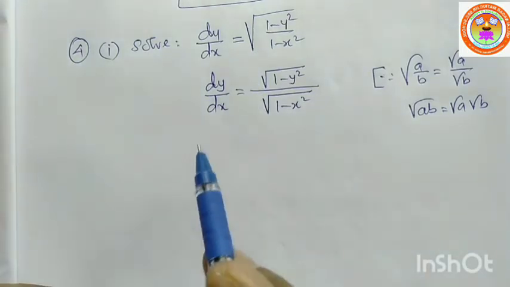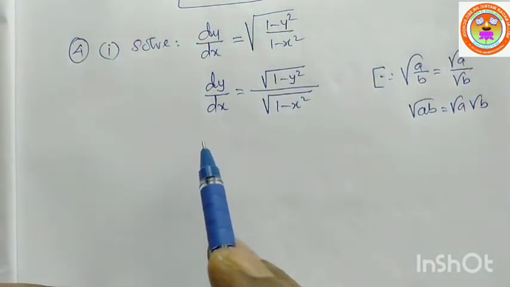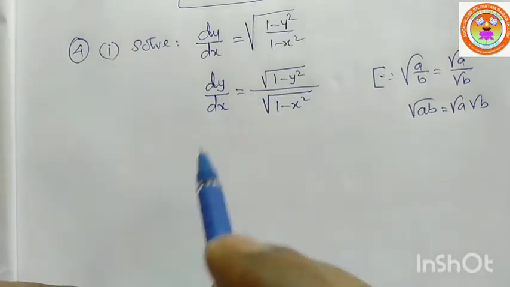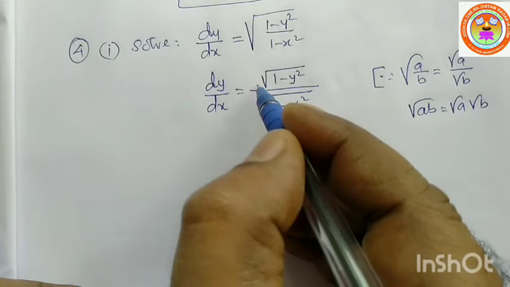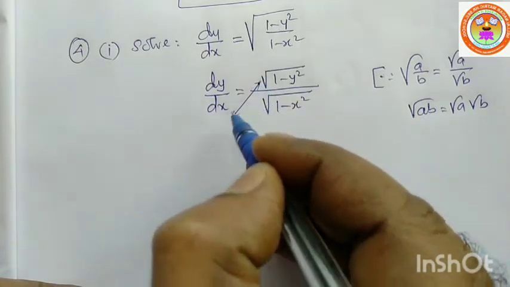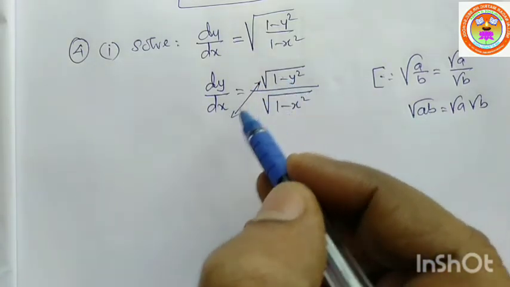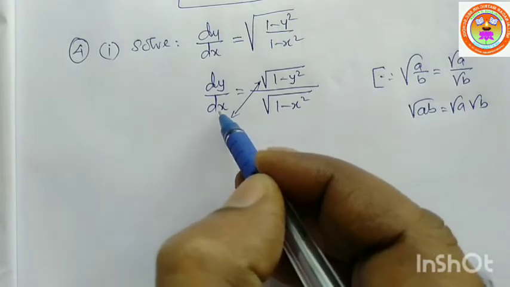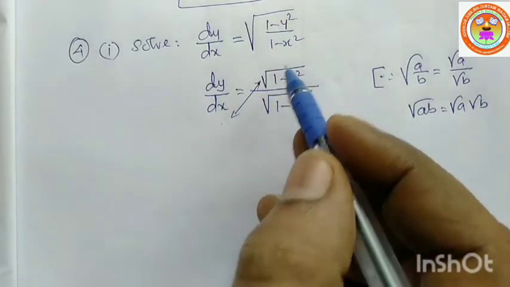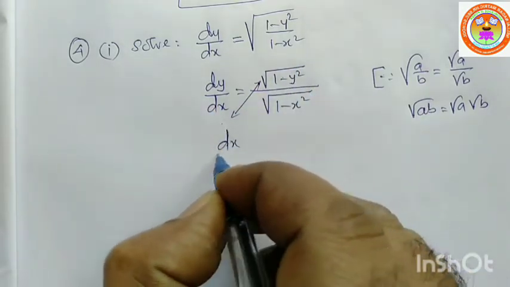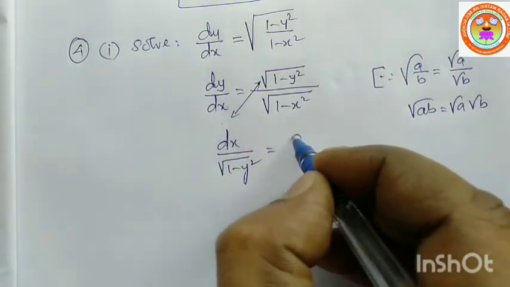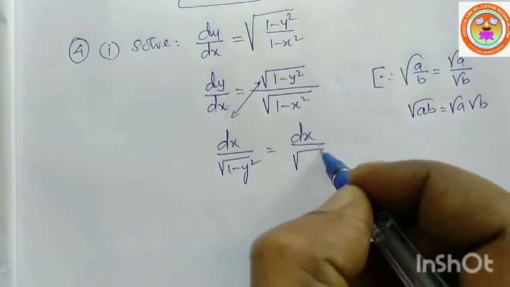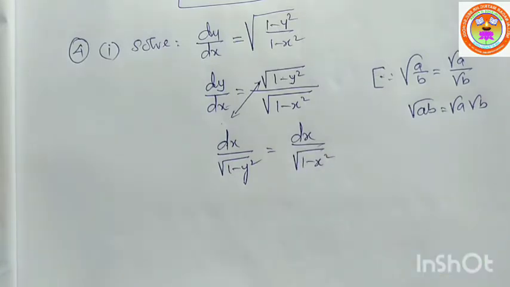Our main aim is to separate the variables. In this equation, we can easily separate the variables. Just interchange the two terms. When we bring this term here, this dx will move to the numerator. See, dy by square root of 1 minus y square is equal to dx by square root of 1 minus x square.